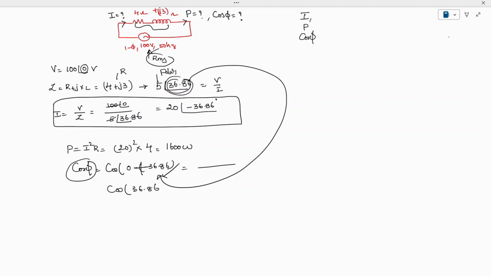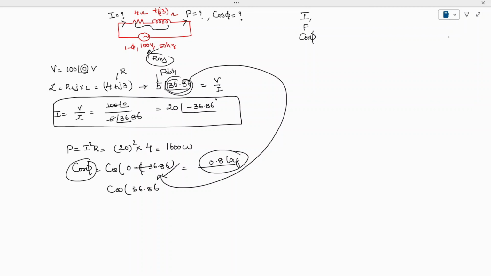Just use your calculator and apply cos of 36.86. Then you are going to get this value, in lagging, approximately 0.8 lag. This is the power factor you are going to get.